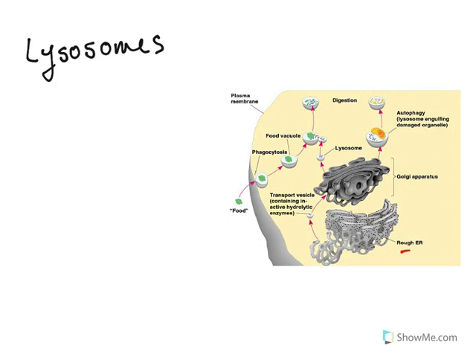So you can see we've got the rough ER and the Golgi, and the rough ER has those hydrolytic enzymes, and they have gone through the Golgi, and because of those specific enzymes I was telling you about, it creates a lysosome. And lysosomes are awesome because they fuse to these other vesicles.